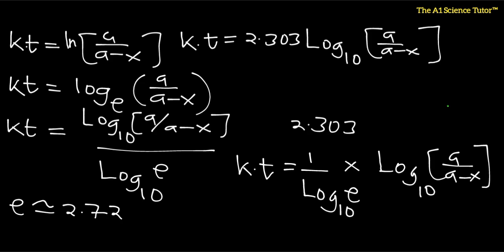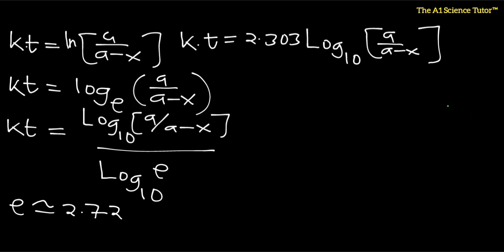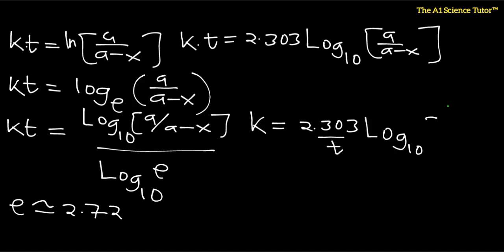Now, in order to make k the subject, I'm just going to divide through by t. So that makes it k is equal to 2.303 divided by t, and we will have log to the base 10 of a divided by a minus x.